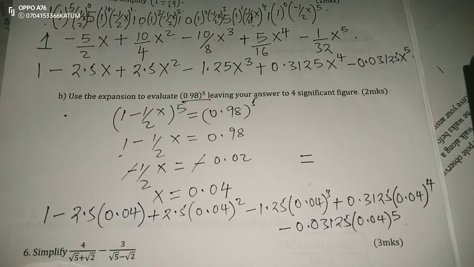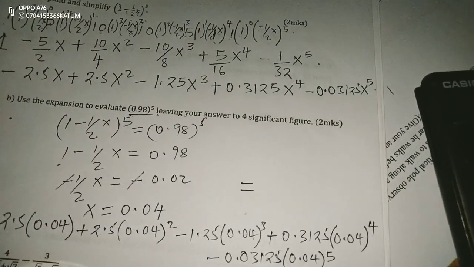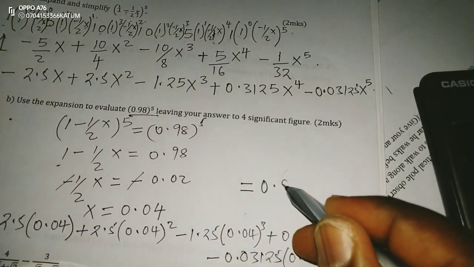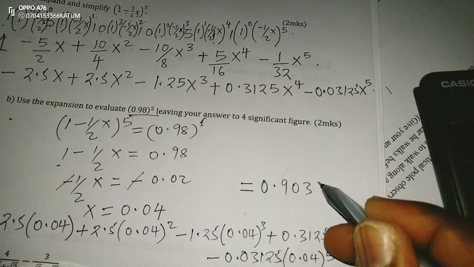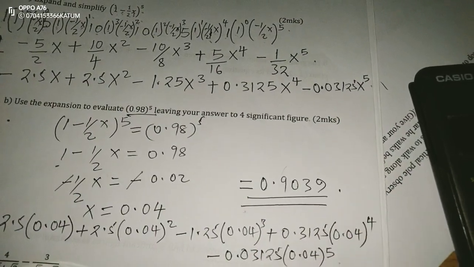Then I add 0.3125 times 0.04 raised to power 4. Then finally I subtract 0.03125 times 0.04 raised to power 5. So this is going to give me 0.9039, correct to 4 SF.